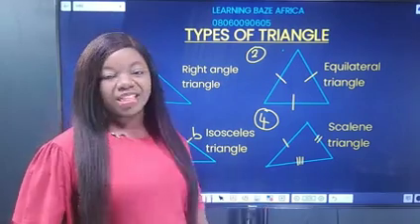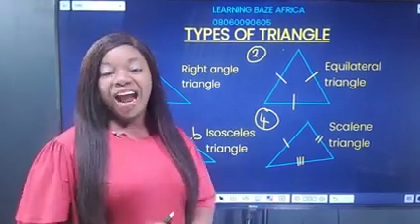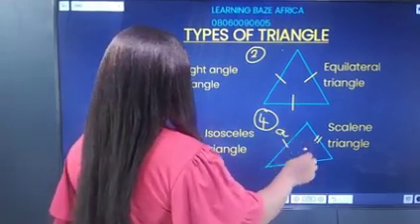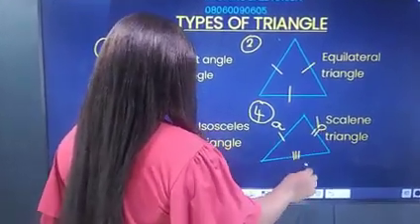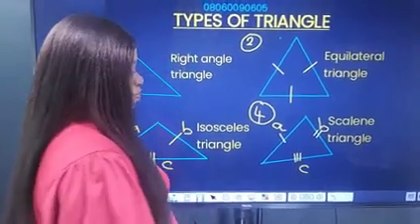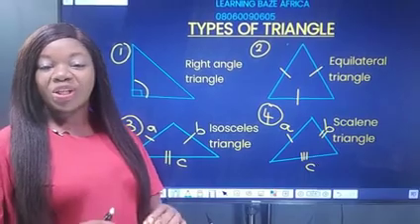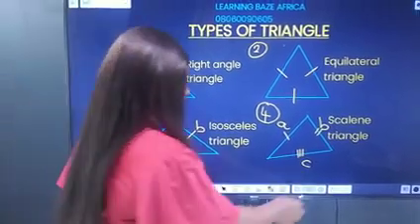All the 3 sides of a scalene triangle are not equal. They are all different. That is, side A is not equal to side B and is not equal to side C. So when the 3 sides of a triangle are different, such a triangle is called a scalene triangle.